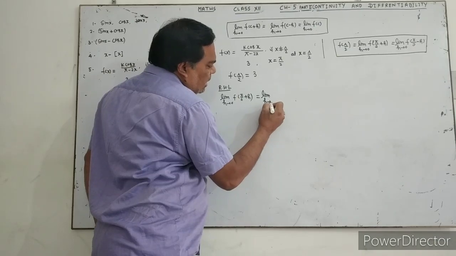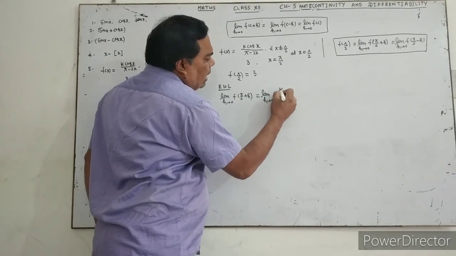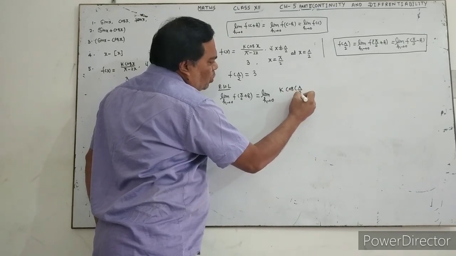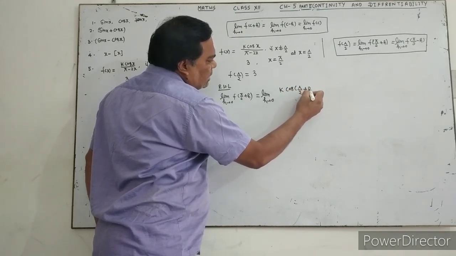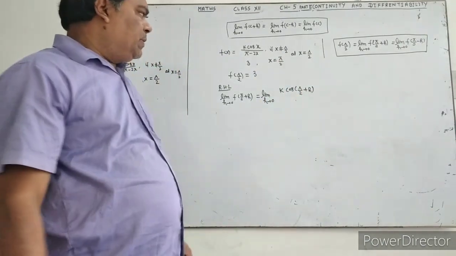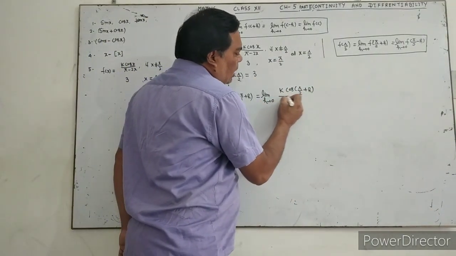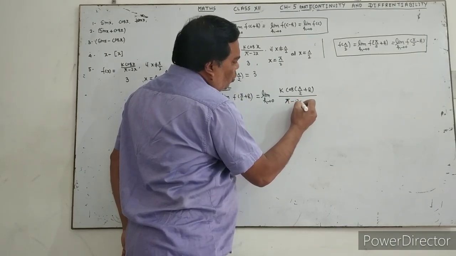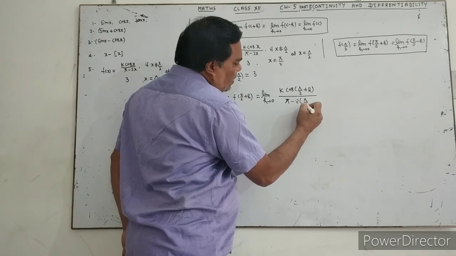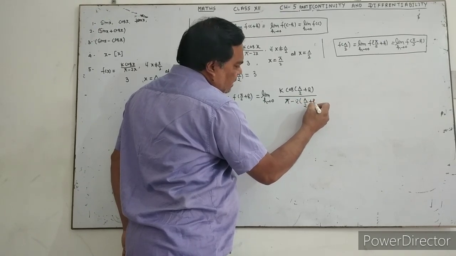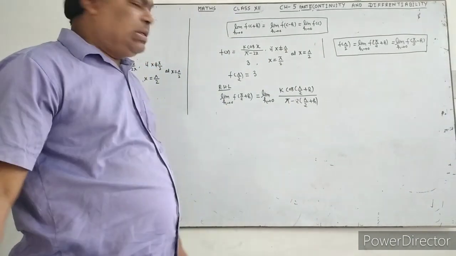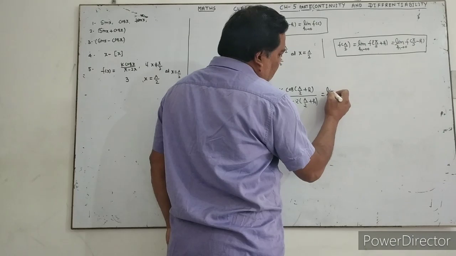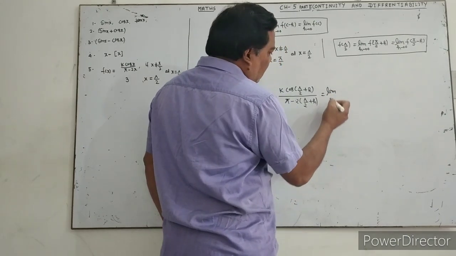The limit as h tends to 0 of k cos(pi/2 plus h) divided by pi minus 2(pi/2 plus h). Cos(90 plus theta) is minus sin theta.